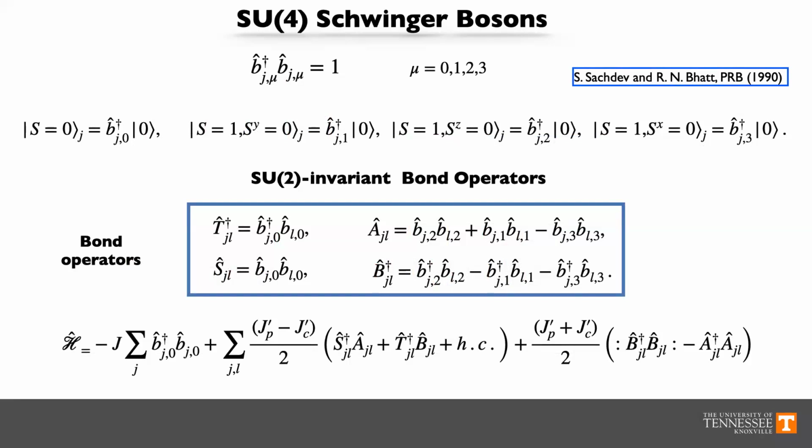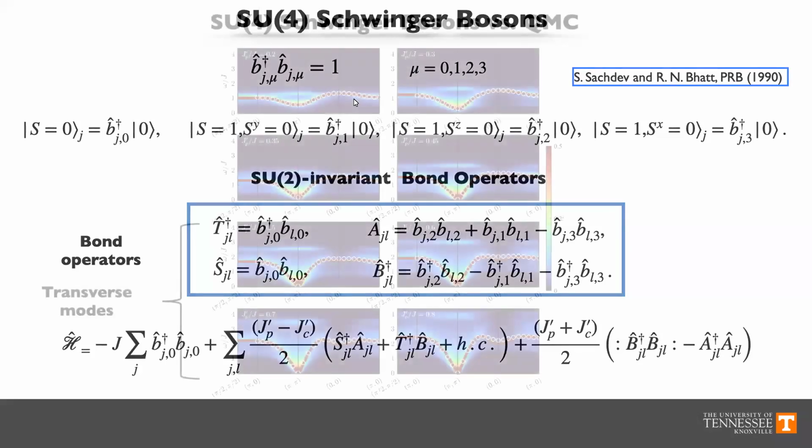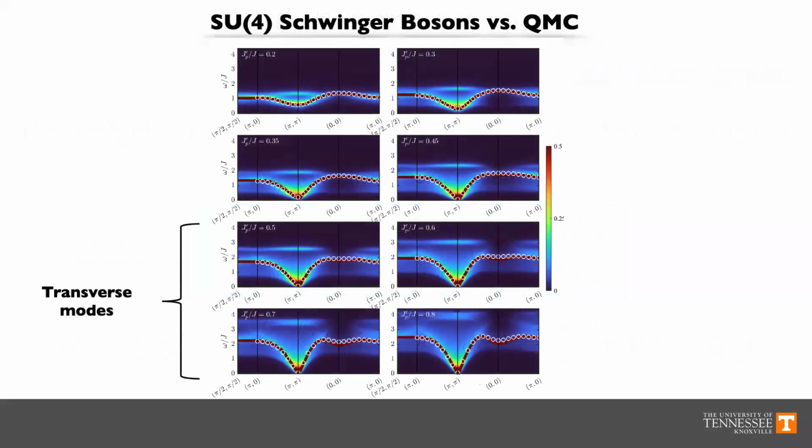But the nice thing about this approach, in contrast to Bhatt and Sachdev, is that you can describe both sides of the phase diagram, the paramagnet and the magnetically ordered state. And this is the comparison with the Schwinger boson approach in terms of SU(4) bosons. So what I'm doing now is generalizing the Larsen approach from SU(2) to SU(N).